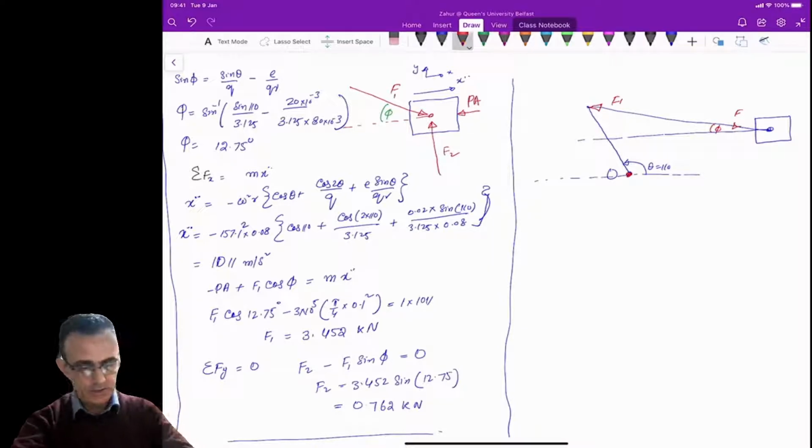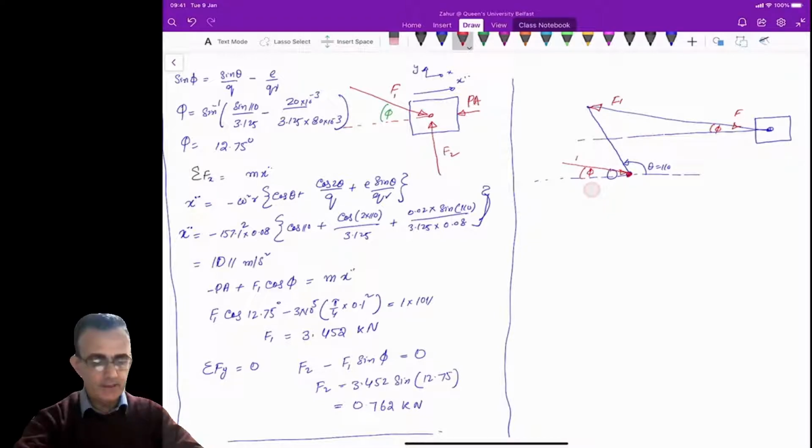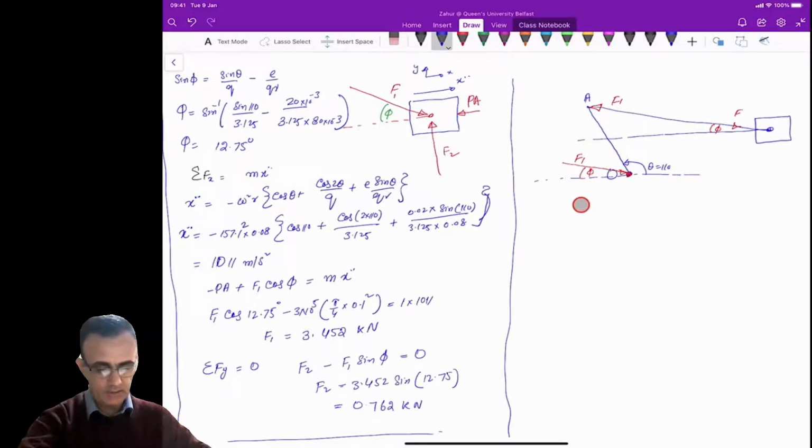So again we will have another force in this direction, and this angle is again phi, and again this force is equal to F1. So OA is our position of the crank, and this is 80, which is given to us.